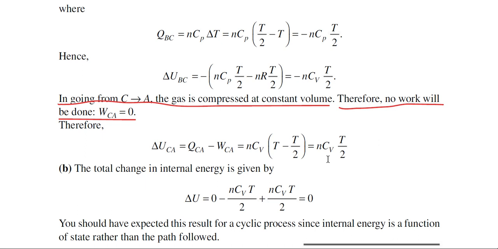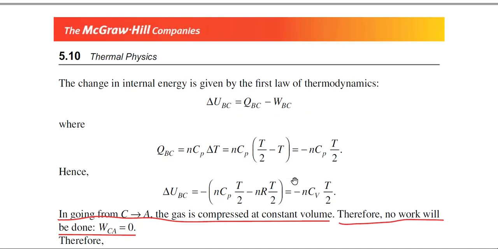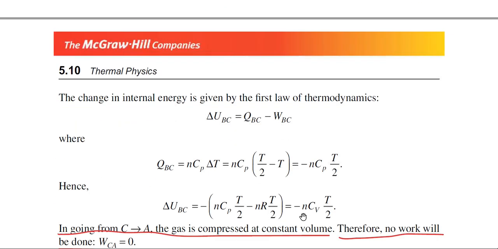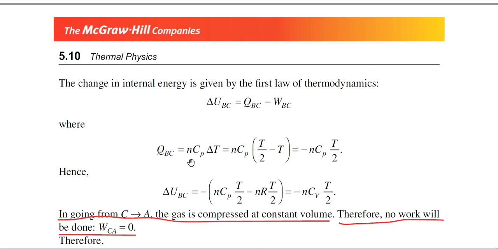Because the processes are different. Here we are using Cv because when the process is moving from C to A, the volume is constant, so we are using specific heat at constant volume. But in the earlier process the pressure was fixed. That is why we wrote Cp, Q is equal to n into Cp into delta T.